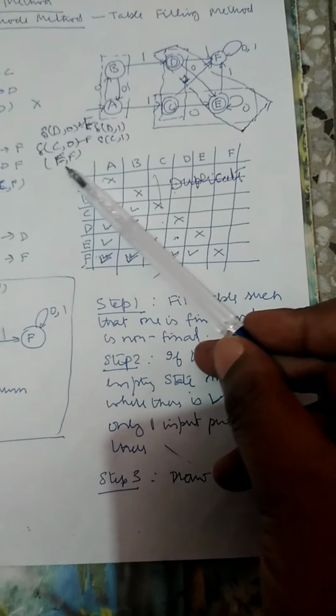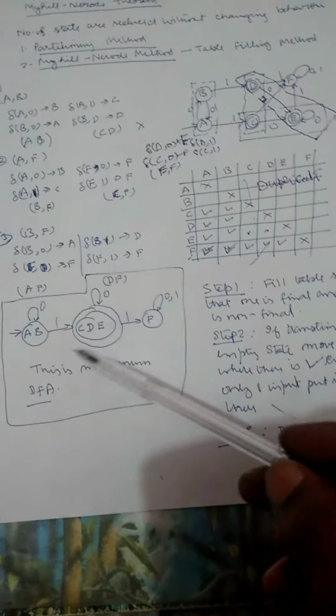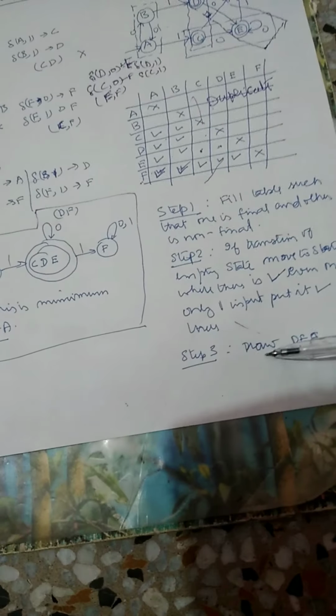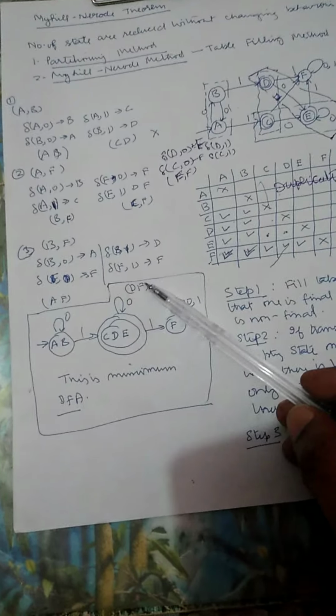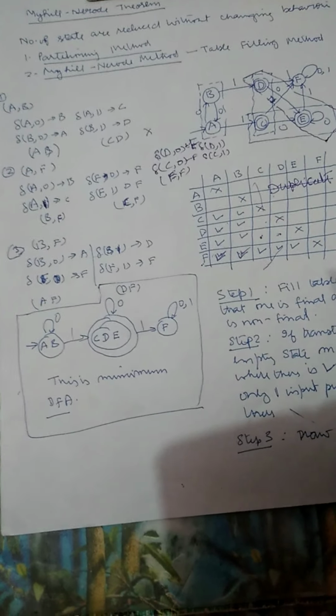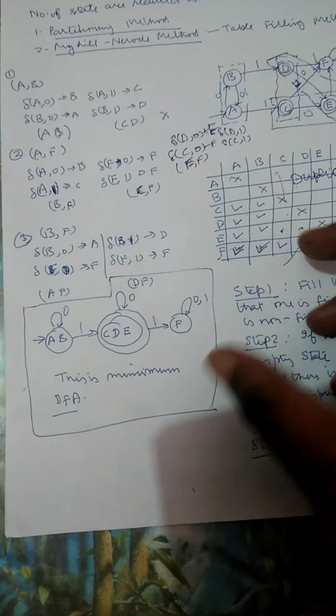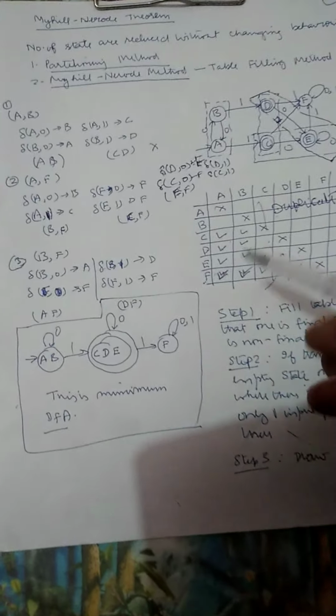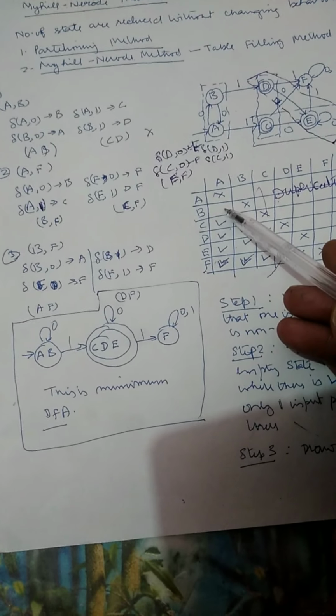So let's draw. The third step is to draw the DFA. How can the DFA be constructed? Here we have the empty cells. We just combine the empty cells. First is AB.